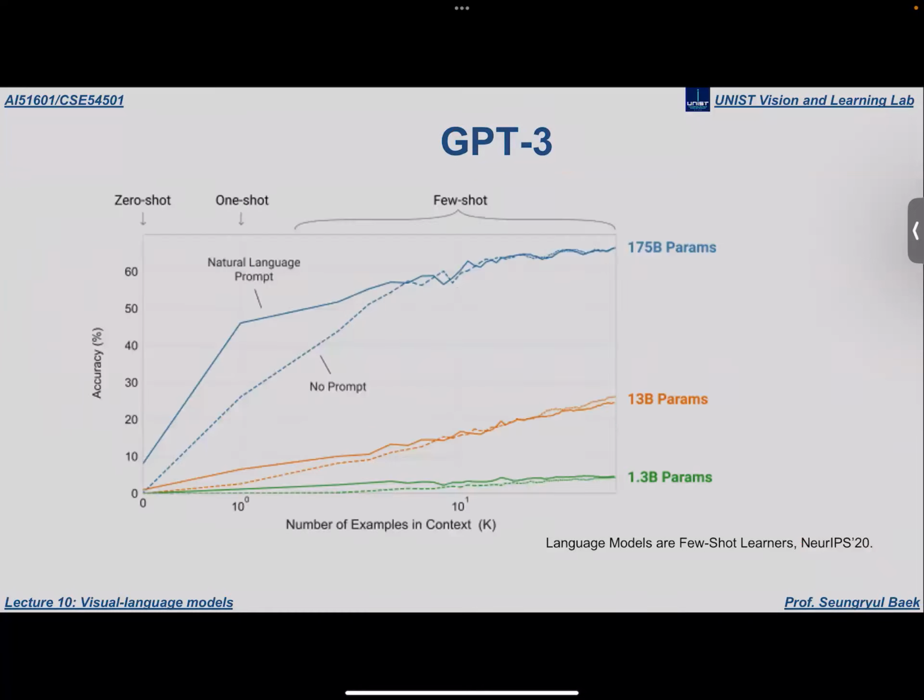So, actually, by enlarging the parameters, they are saying in their title that language models are few-shot learners. So given very few samples for unseen tasks, they can generalize well, okay?